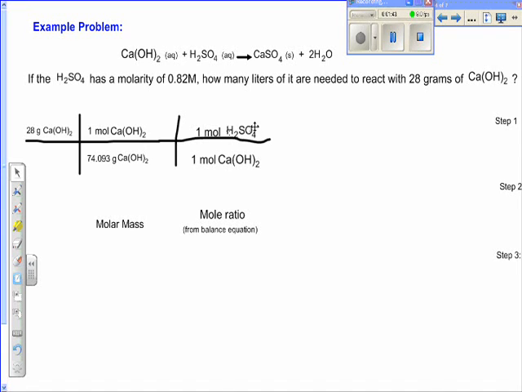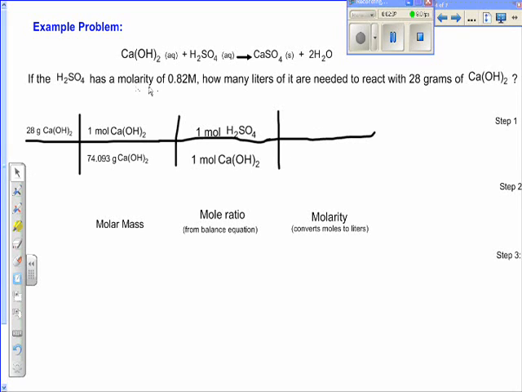Once we have moles of sulfuric acid, we then want to convert it to liters of the solution. And we do that by using molarity to convert from moles to liters. So lastly, I extend my line again. And again, because moles is up here, we want to make sure that moles is down here so that the units will cancel out.